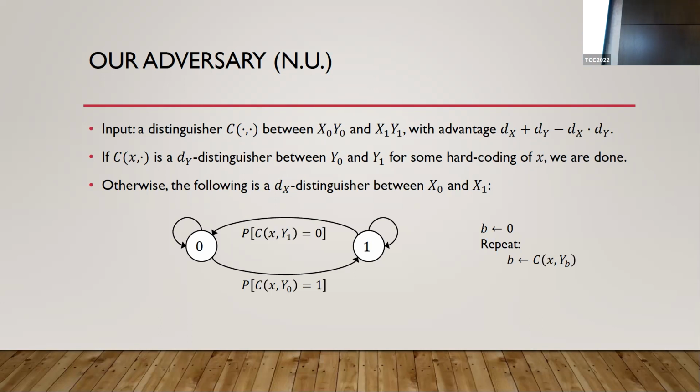What's going to happen is that we start from an initial guess b. It could be 0, could be 1, anything. And then we keep repeating the following. We take b and we sample from yb. Then we use this sample together with x and feed it into C. C gives us the next guess, and then we continue to repeat it.